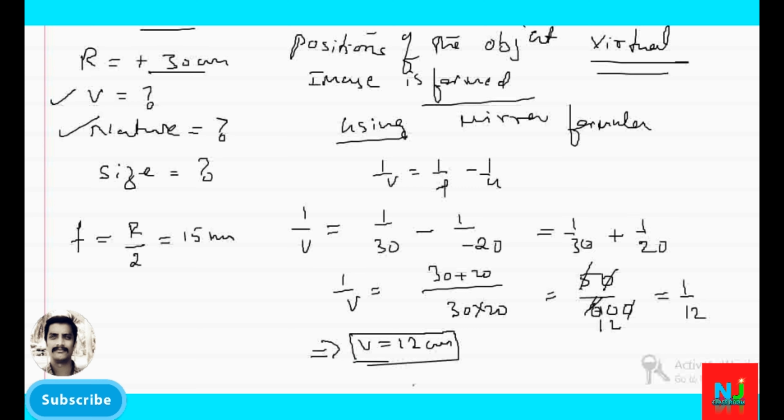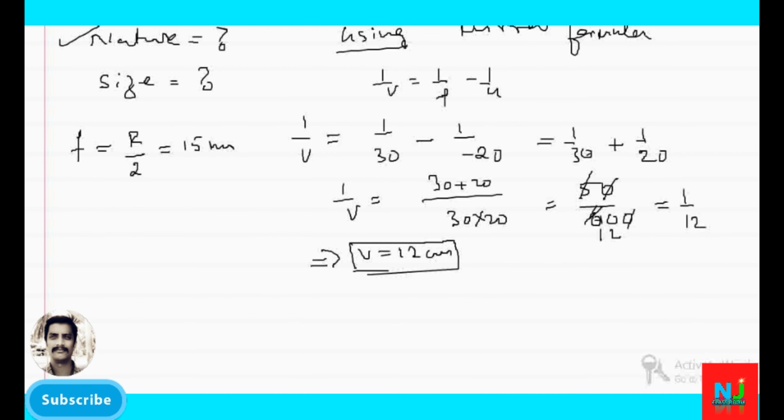So the image is formed beyond the mirror. Remember, v is positive. Already we know it.